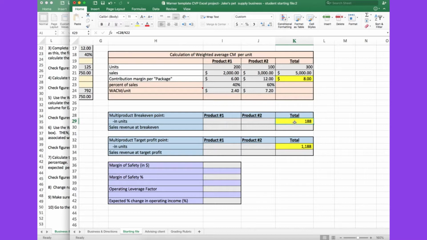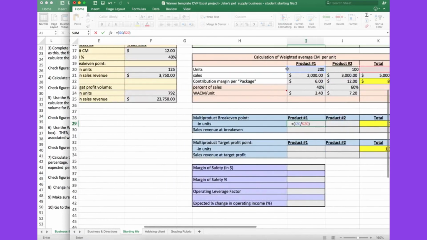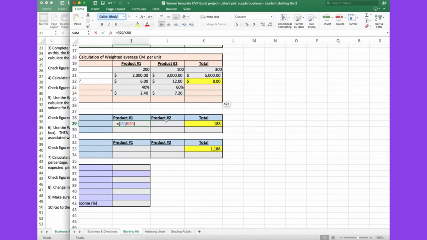And then this is in terms of units. So we know that 2/3 of our unit sales are going to be product one. So how do we say that? We want an expression that indicates 2/3 of this 188 will be how many units of the first product we're going to be selling. So it's 2/3 times that number here.